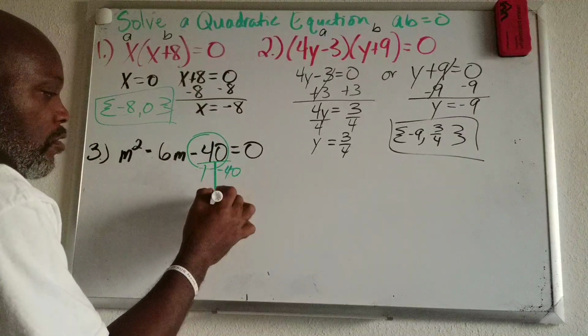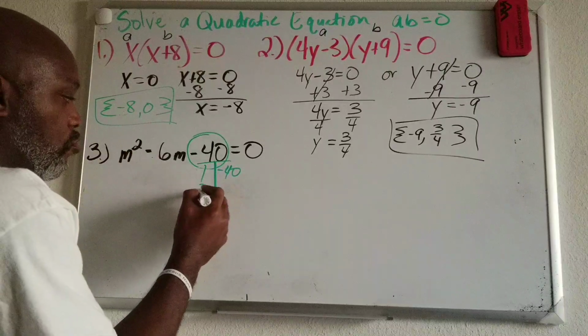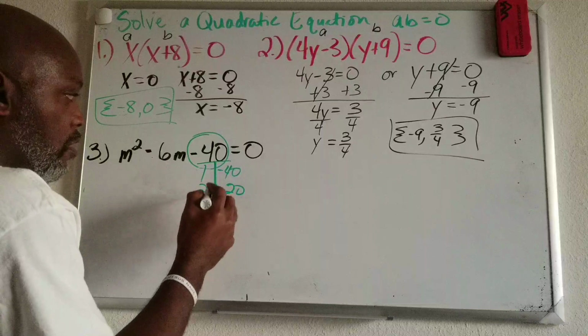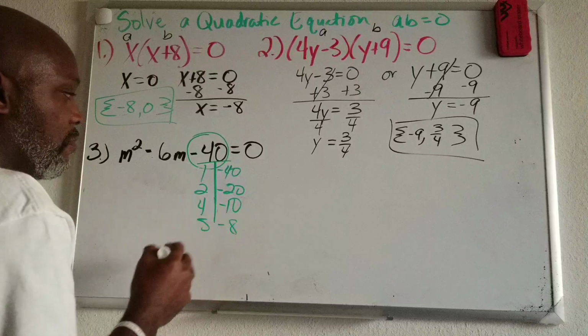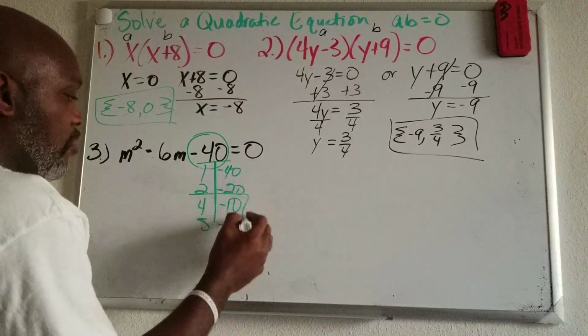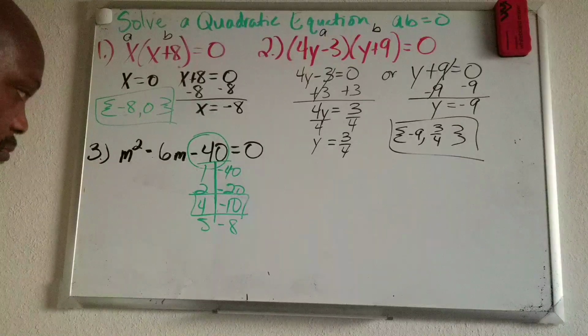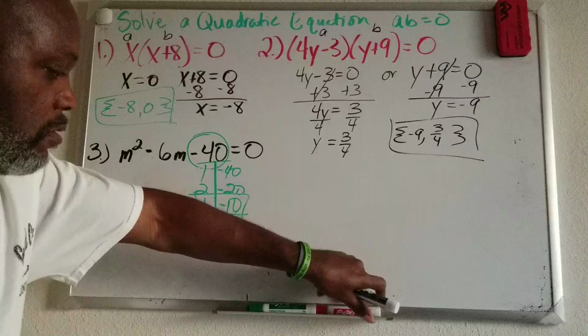The larger number is going to be negative because the middle term is negative. 2 and negative 20. 4 and negative 10. 5 and negative 8. Okay? And if we added these two together, that would give us negative 6.